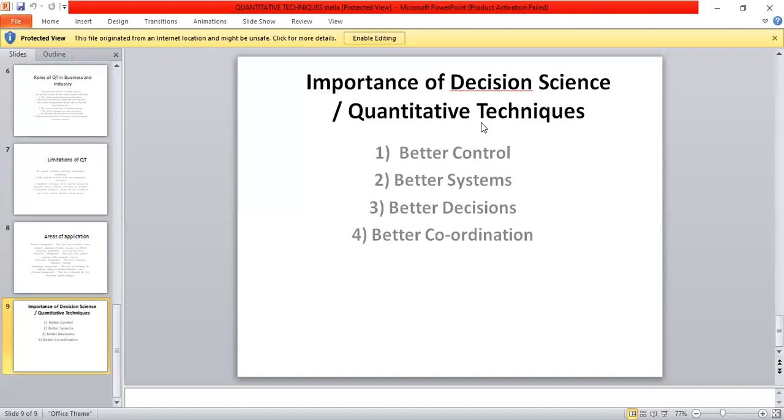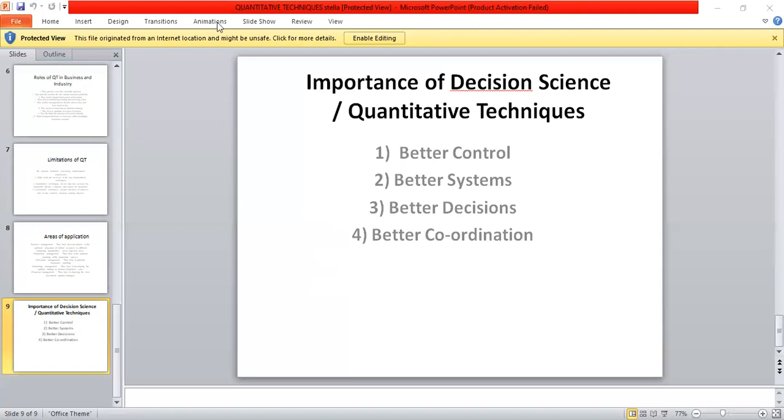Terry, can you take us through the importance? Okay. Importance of decision science through quantitative techniques. First, better control. Second, better system. And third, better decisions. And finally, better coordination.